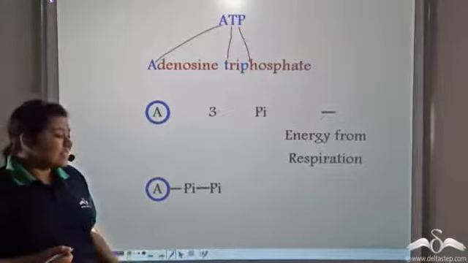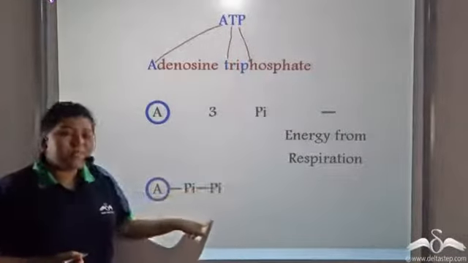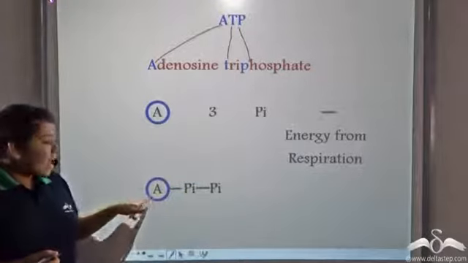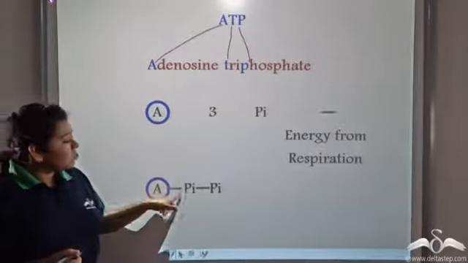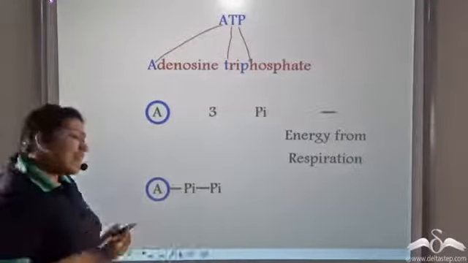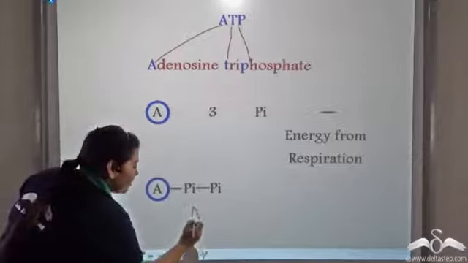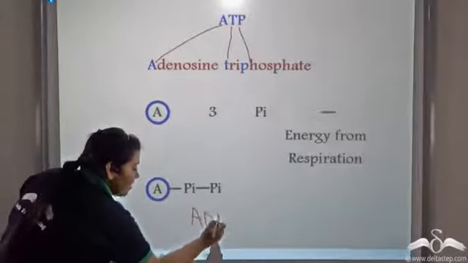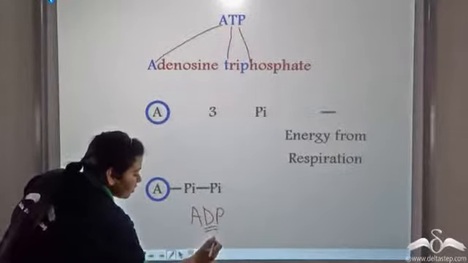Now, in cells, this is the general form that is found. Adenosine bound by 2 molecules of inorganic phosphate forms ADP, which is adenosine diphosphate, or 2-phosphate.